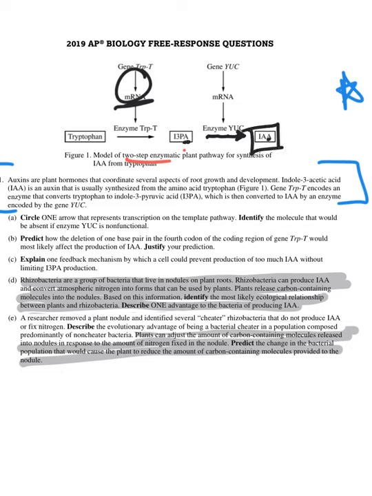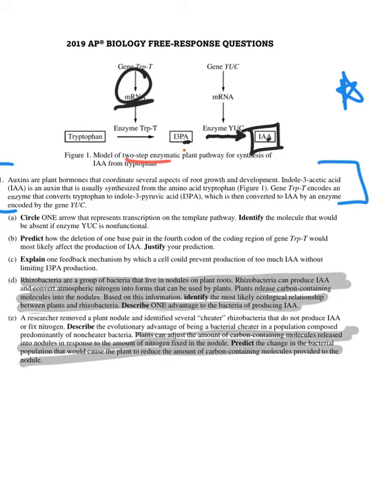Predict and justify. So let's go back and figure out what we need to predict and justify. I need to predict how the deletion of one base pair of the fourth codon of the coding region of the gene TRP, tryptophan T, would most likely affect the production of IAA, and justify my prediction.